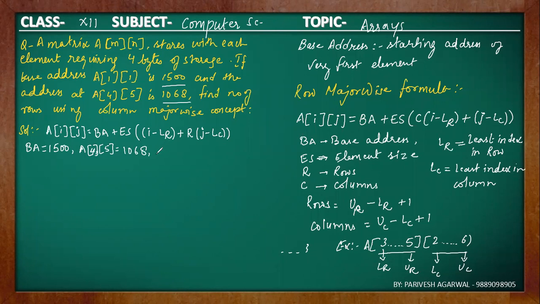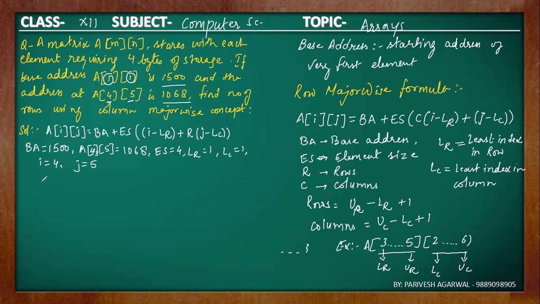Element size has been given as 4 bytes. LR is 1 and LC is also 1. The location IJ is 4 and 5, so the value of I is 4 and the value of J is 5.